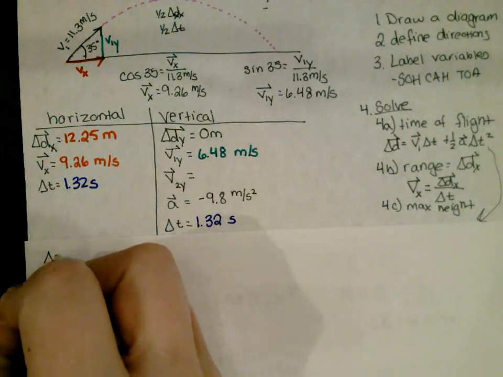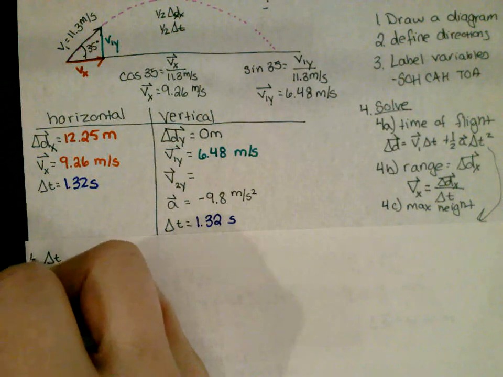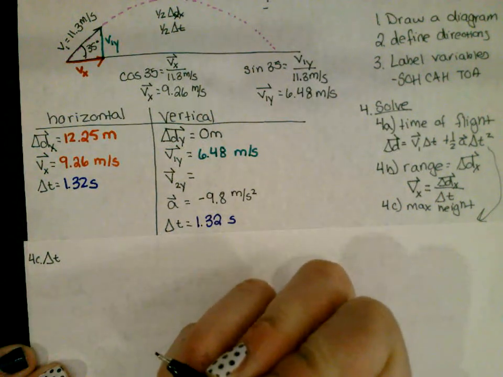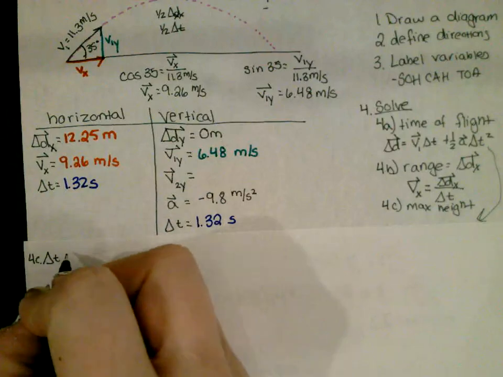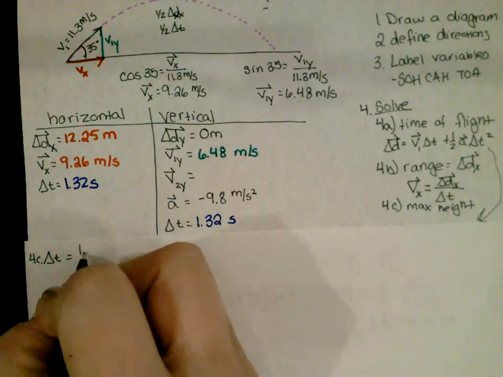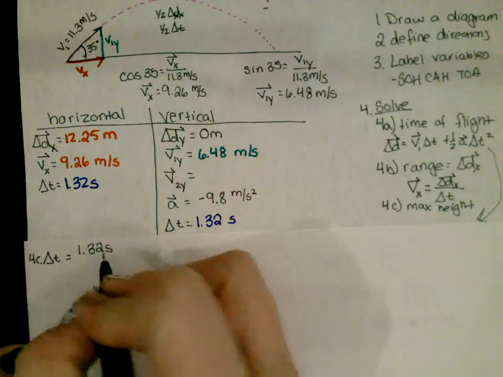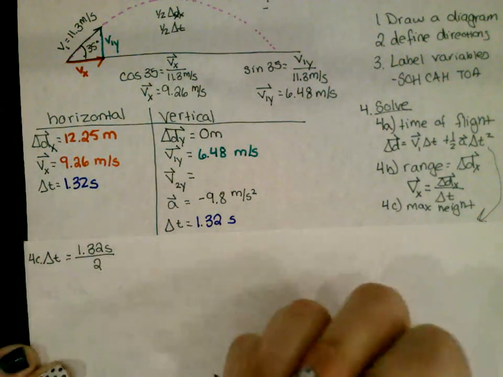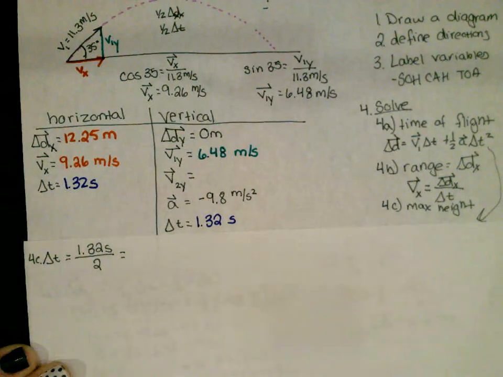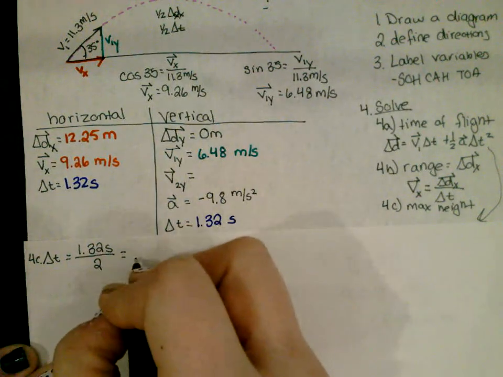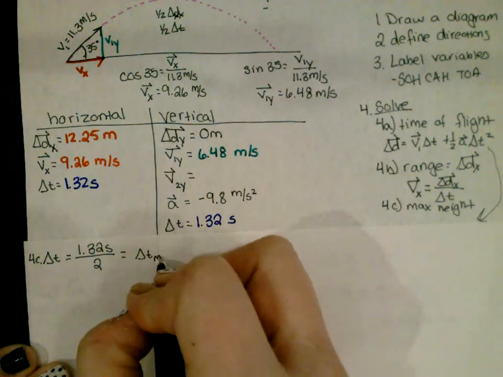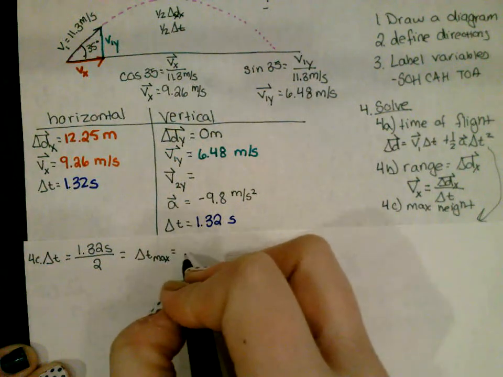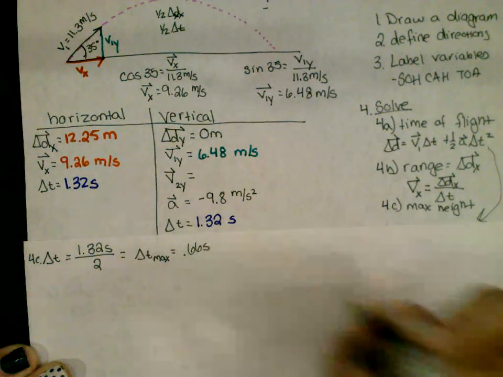So my change in time at max height is equal to my total time, 1.32 seconds, divided by 2. So at our max height, our time is 0.66 seconds.